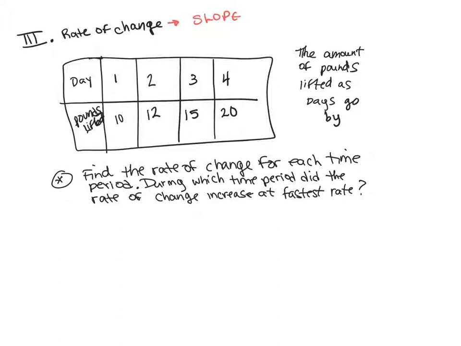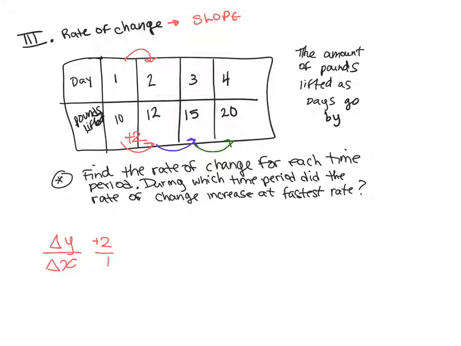So you're going to have to find the rate of change between the first and second, the second and the third, and the third and the fourth. So there's 3 rates of change, right? And rate of change is change of y over change of x. So the first rate of change was I went up 2 over 1.